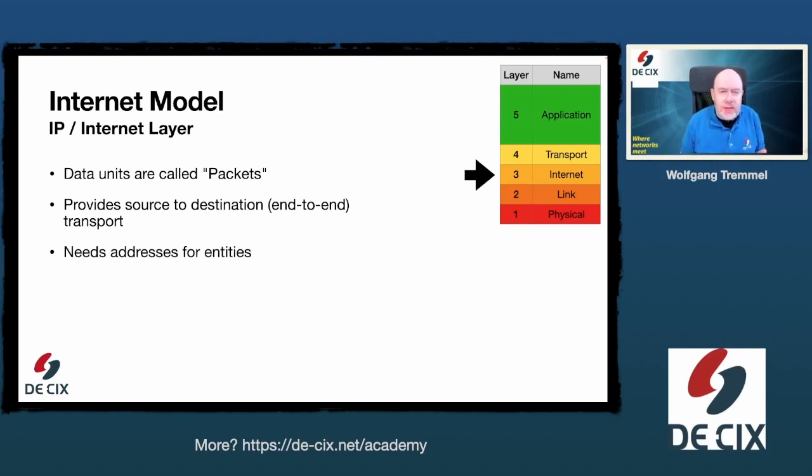We need addresses for the systems to communicate. Examples for protocols on the IP layer: you might say, oh yeah, it's IP, but actually there are two protocols in use nowadays. One is called IP version 4, and the other one is called IP version 6. You might have heard of both of them.